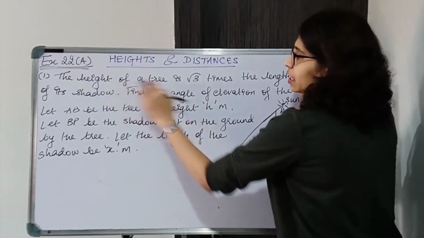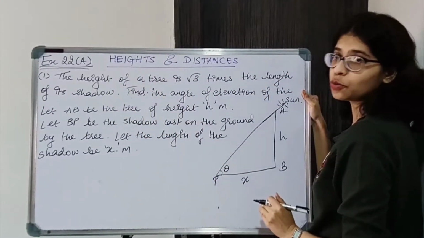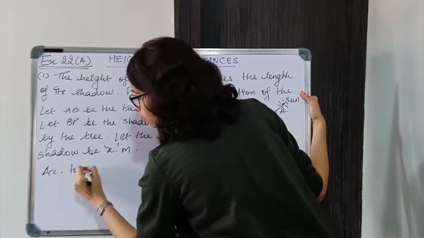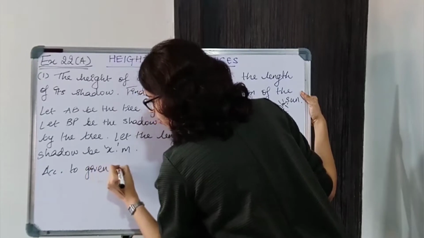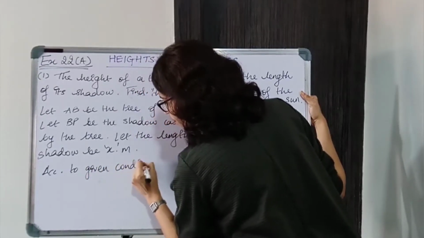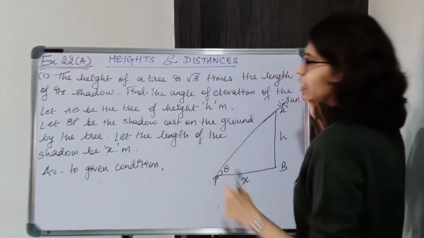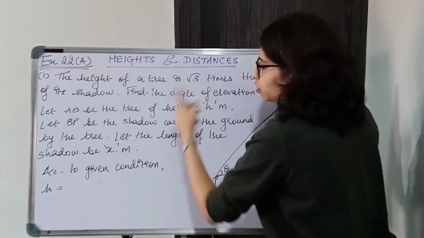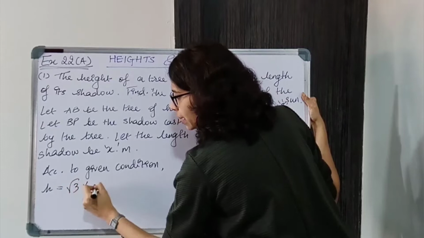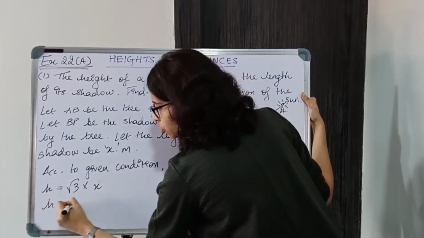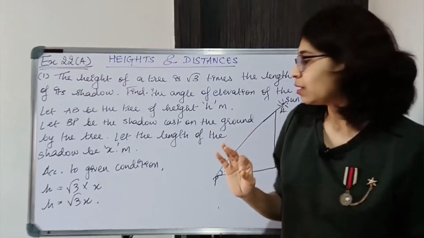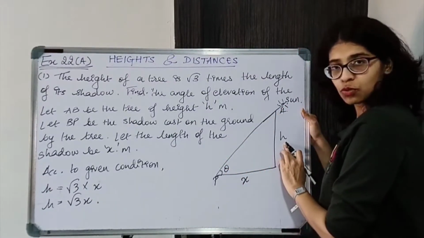Now we are given the relation between the height and shadow, so we'll write it according to the given condition. Height of the tree, h, is equal to root 3 times x. So h is equal to root 3x. Now we know this is root 3x.